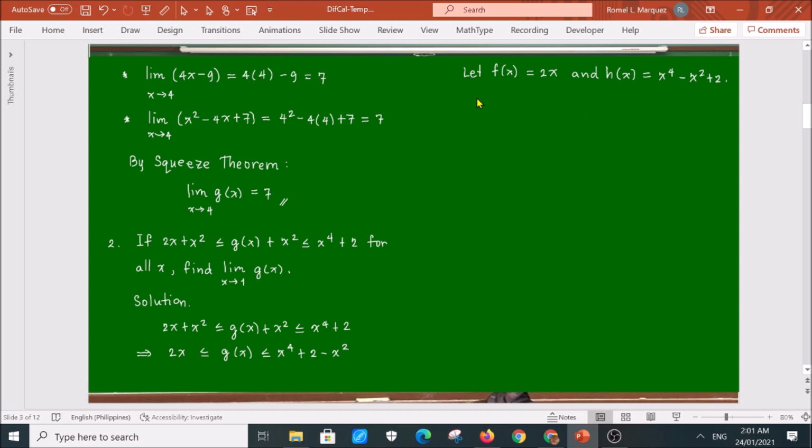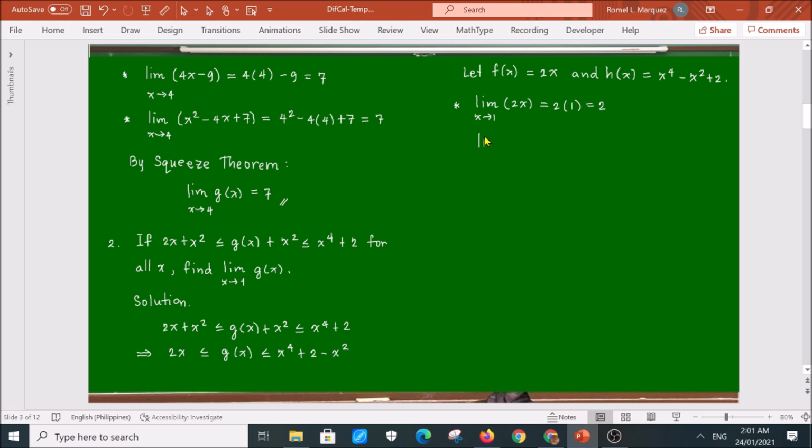Let's take the limit of f of x as x approaches 1. f of x is equal to 2x, 2 times 1, so that is equal to 2. Hence, the limit of 2x as x approaches 1 is equal to 2.